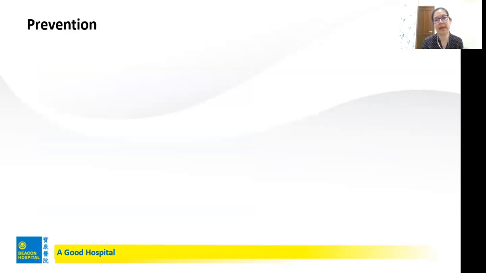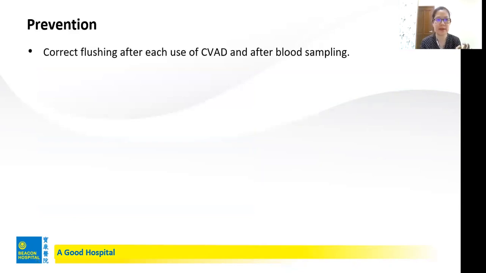So how to prevent occlusion in your CVAD? The most crucial, as I mentioned in the first session, is not what solution you use to flush. The most crucial is your correct flushing technique, okay? You have to flush correctly after each use of the CVAD and after blood transfusion and blood sampling.